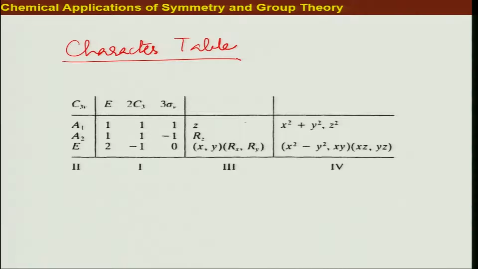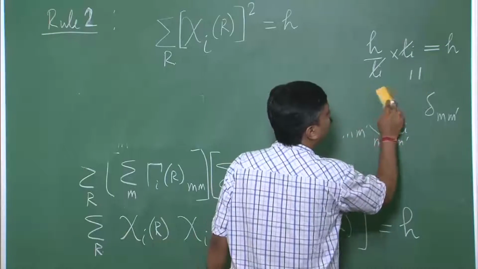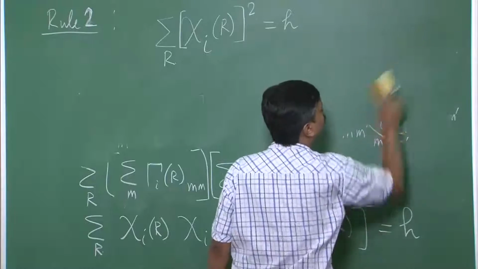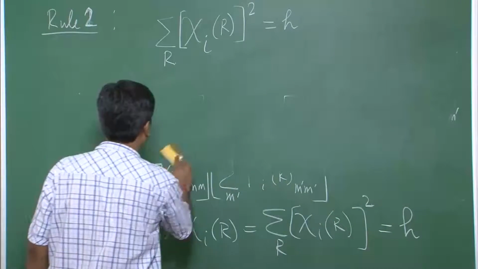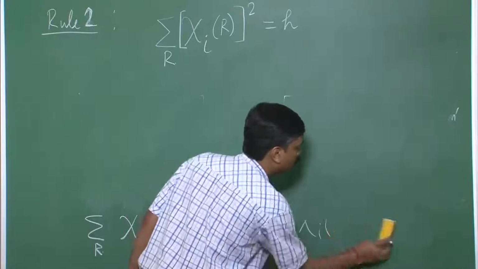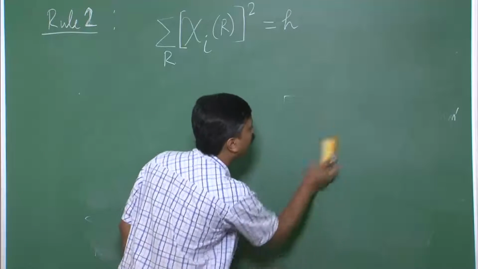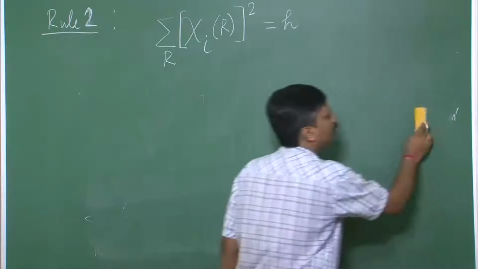Now let's go to rule 3. Rule 3 says the vectors whose components belong to 2 different irreducible representations are orthogonal.